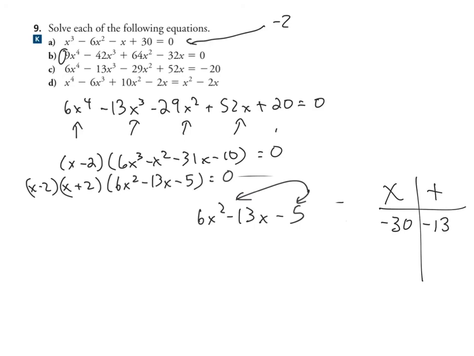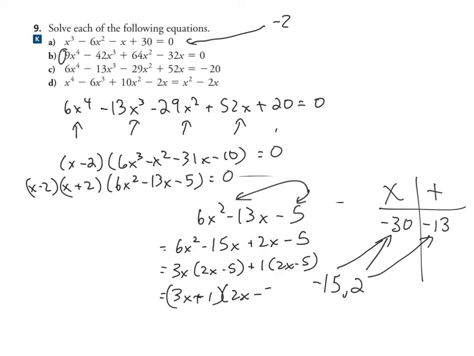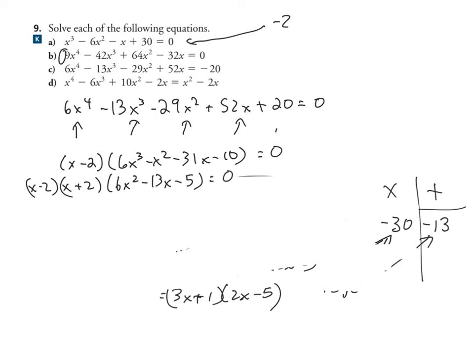And so those numbers would be, let's see, negative 15 and 2. Right? They multiply to give negative 30, and they add to give negative 13. All right, so negative 15 and 2. Okay, we can erase all this, and we are done factoring.